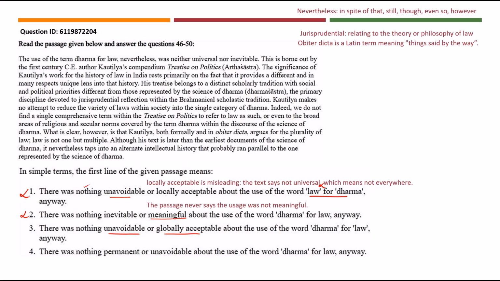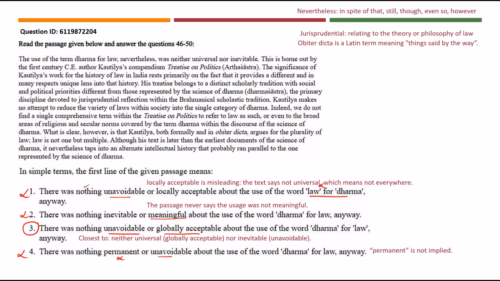There was nothing permanent or unavoidable about the use of the word dharma for law anyway. Unavoidable is fine. Universal doesn't mean it's permanent. So we can rule out option 4. We will stick to option 3, which has the closest meaning to the statement. Neither universal can be equated to globally acceptable, nor inevitable can be equated to the unavoidable part. So definitely option 3 will be the right answer.